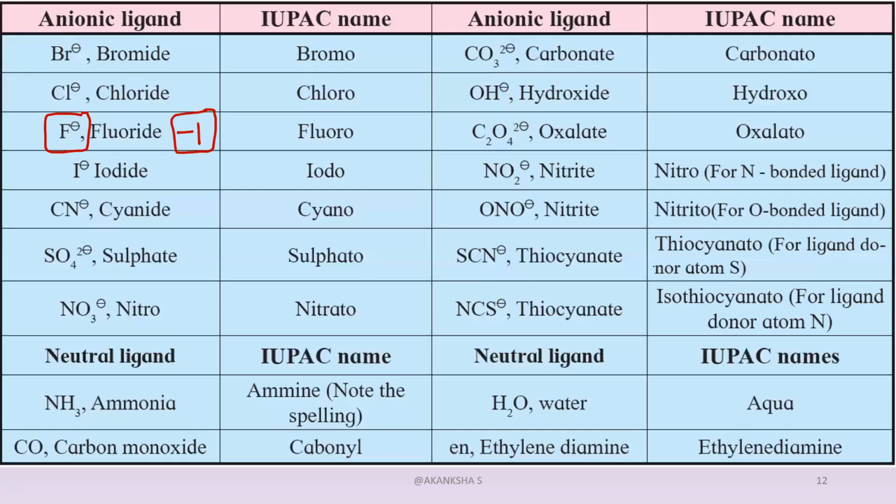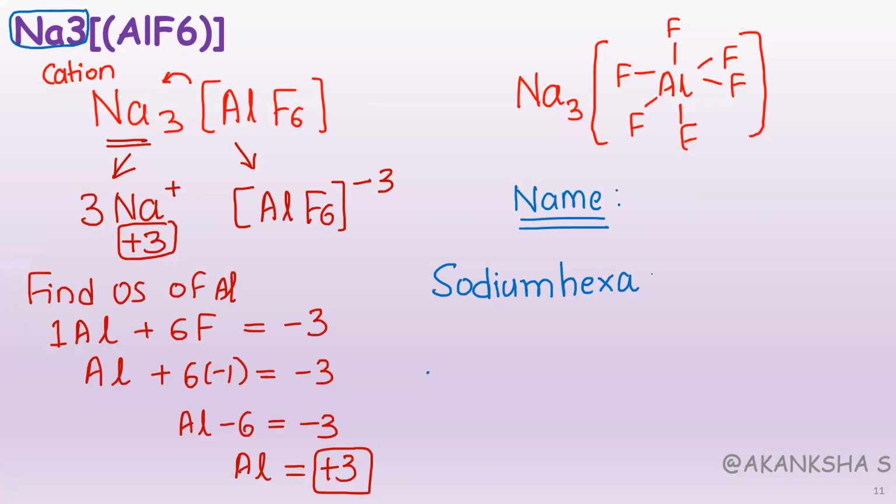See now what is fluorine? Again, anion, right? So fluoro. Hexa fluoro. Fluoro what? Fluoro aluminium. But problem being, here many people have a doubt.